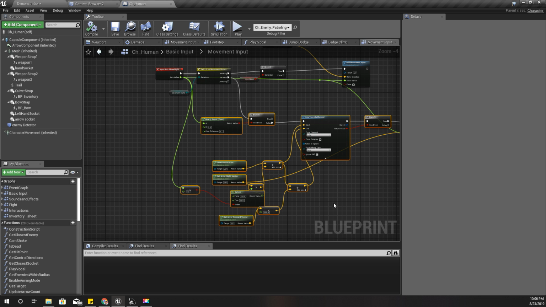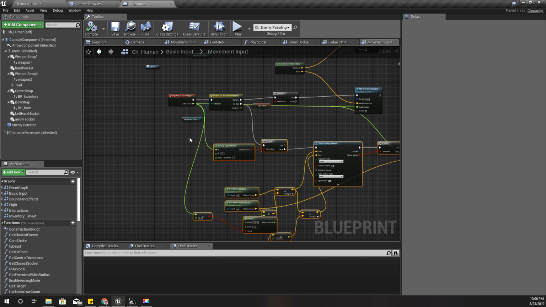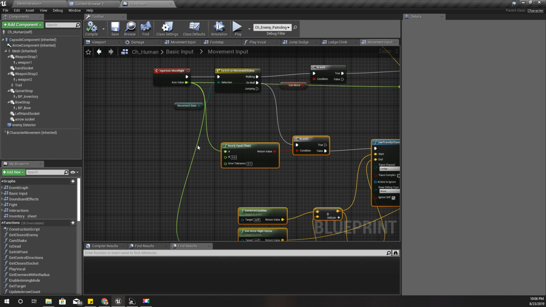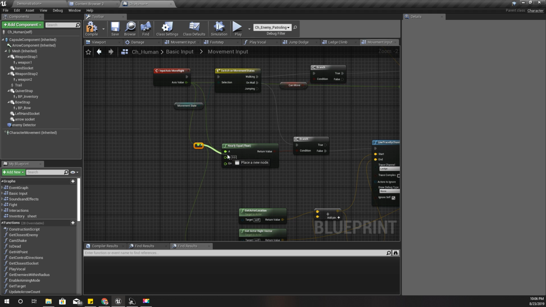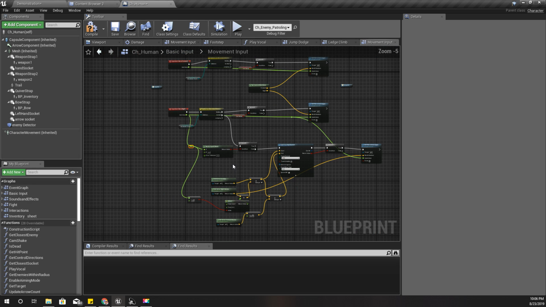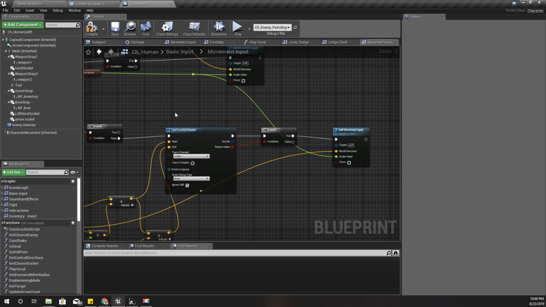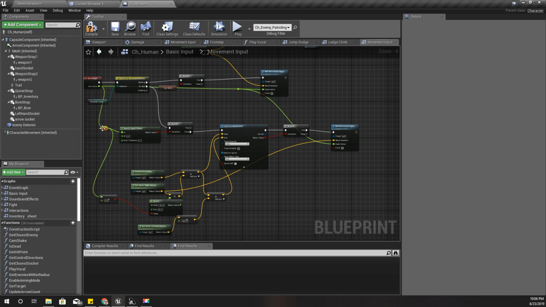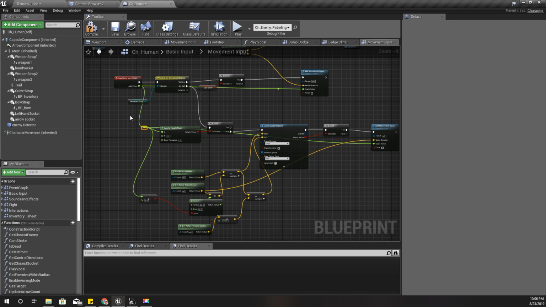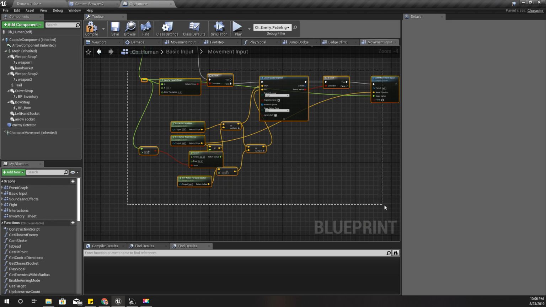So let's collapse this into another node so that it's clear. All right, now we can collapse this node.